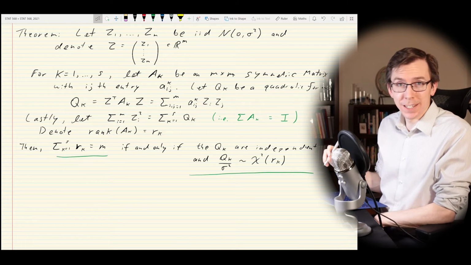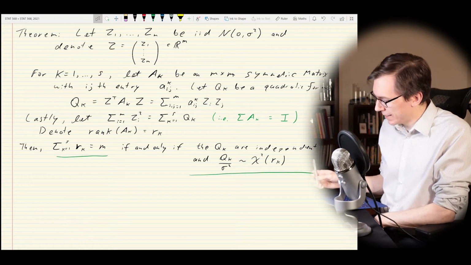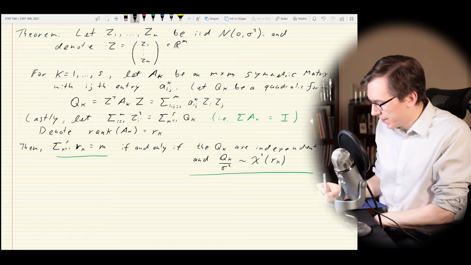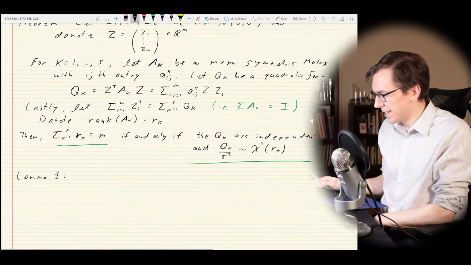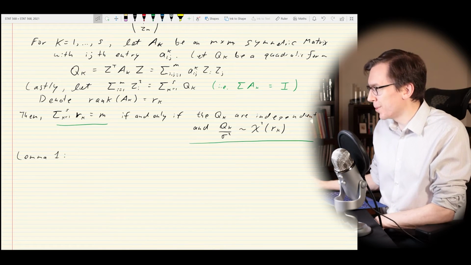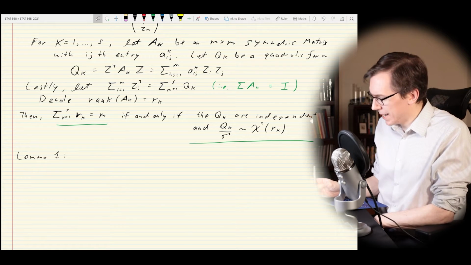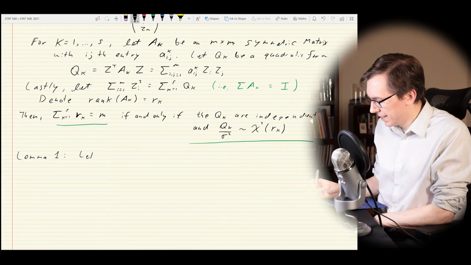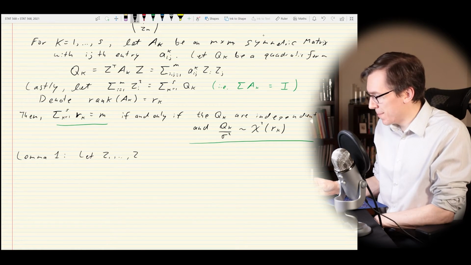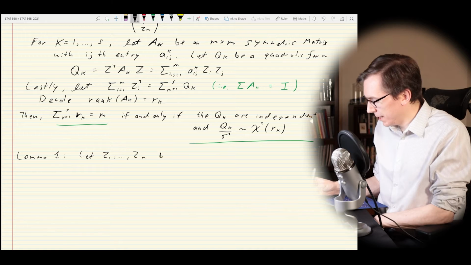Okay, so we want to prove this, but we're not going to attack it directly. What we're going to do is start with a lemma. We'll call it lemma 1 for the sake of this. It looks like it's lemma 1.42 in my lecture notes. So what we're going to say is now let Z_1 through Z_m be IID normal 0, 1.